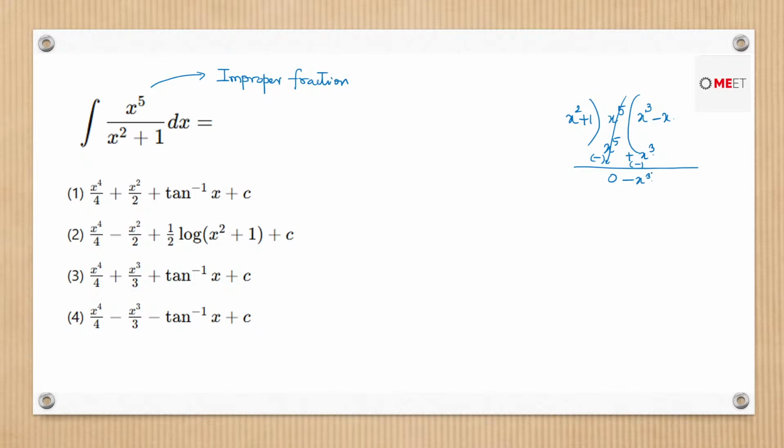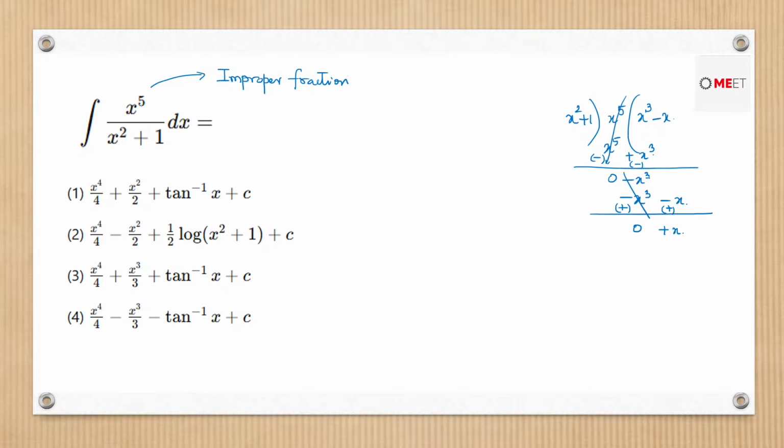If we multiply with minus x, then we get minus x cube. After that we change the sign and cancel out. This becomes 0. Next is 1 into minus x is minus x. So here we need to change the sign and this becomes plus x.